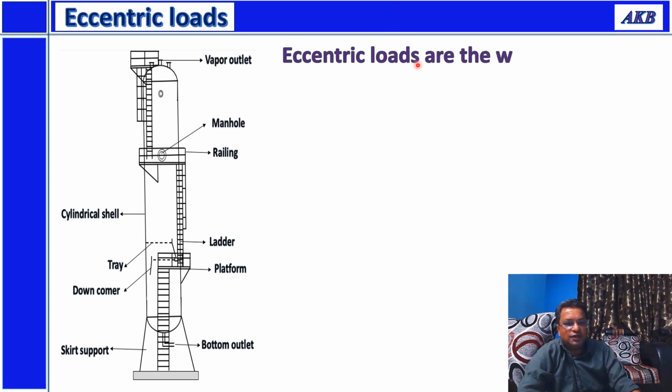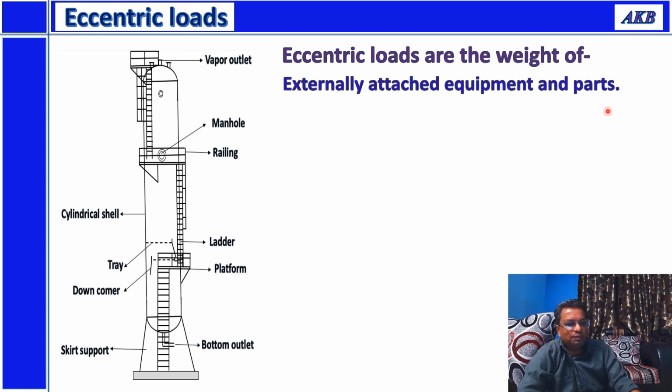So eccentric loads are the weight of externally attached equipment and parts. So these are weights of externally attached equipment and parts. For example, you have ladders which are externally attached to the column.